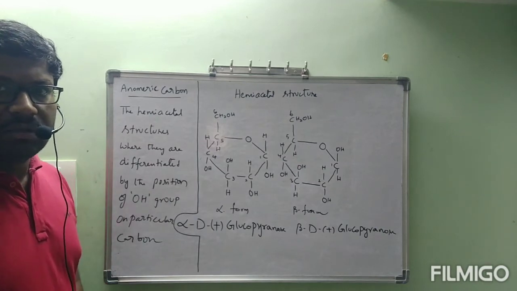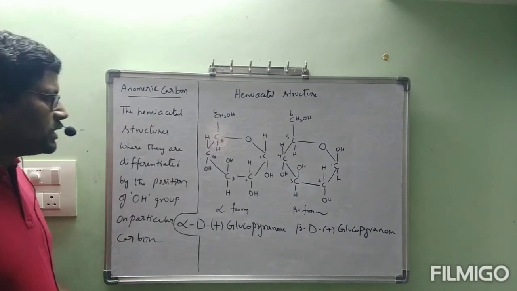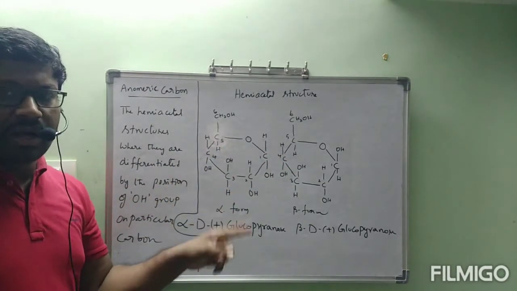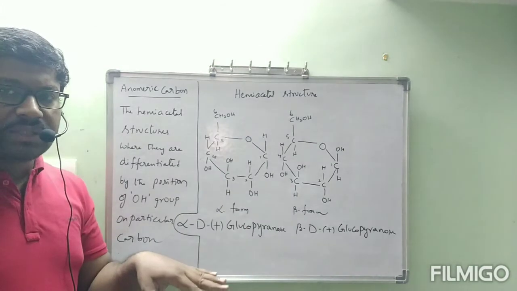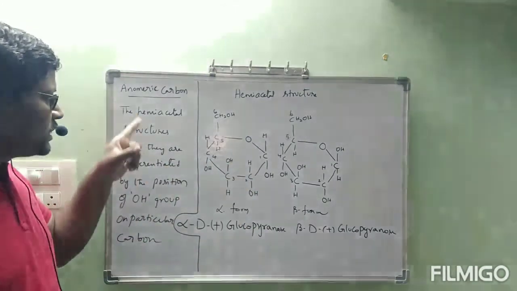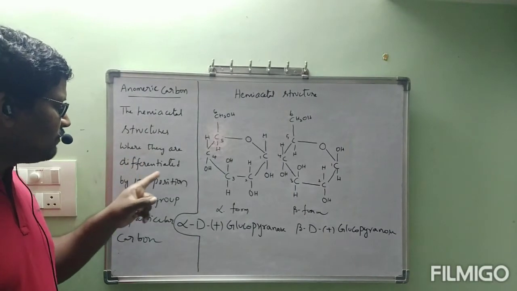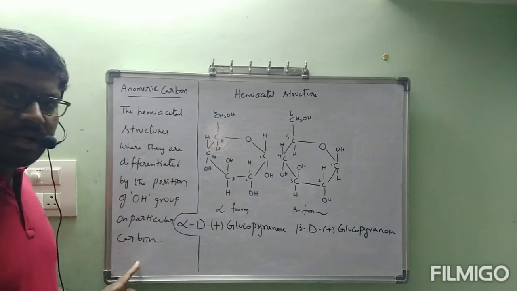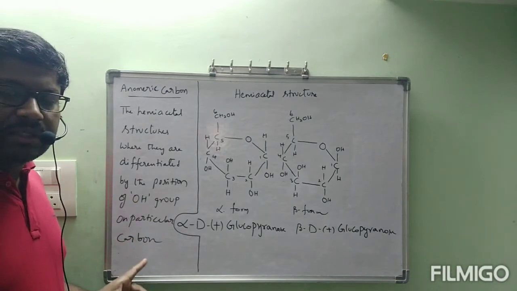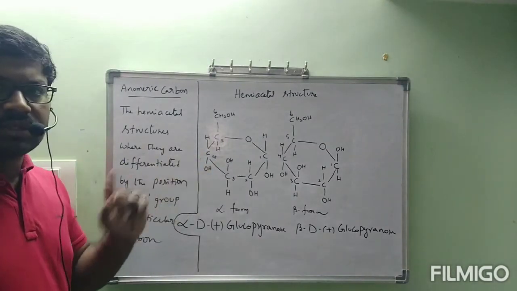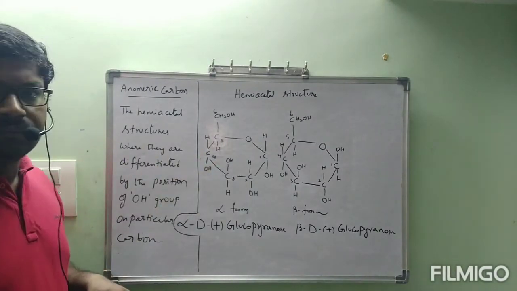Read the point once. These two are hemiacetal structures of glucose. Same like this we will study hemiacetal structures in fructose also. Hemiacetal structures where they are differentiated by the position of OH on a particular carbon, that carbon is called the anomeric carbon, and those two forms are called anomers.